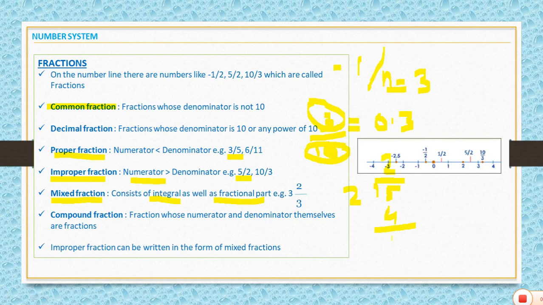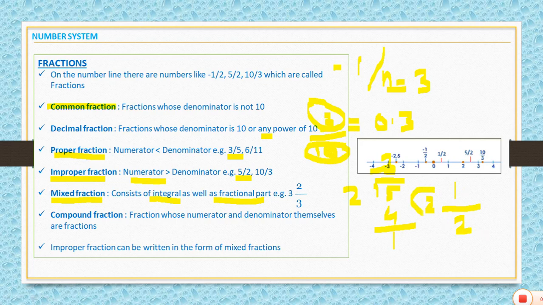The remainder is 1, right? Now the dividend is written, the divisor is written here, the quotient is written here, and the remainder is written over here. Now it contains two parts.